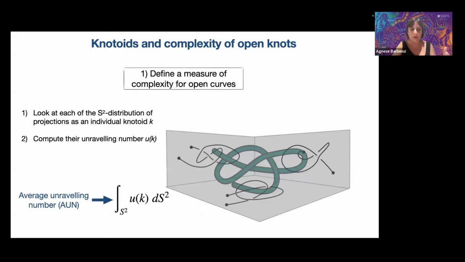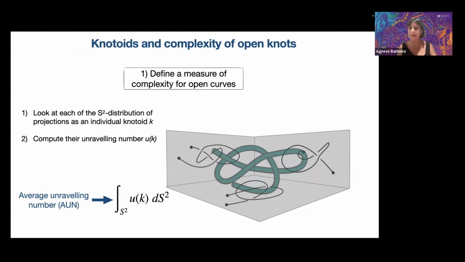Now, if we look at the S2 distribution of notoids for our initial open curve in space, and we analyze each planar projection in this S2 distribution as a notoid type, and we compute their raveling number, then we can look at the average raveling number, or the integral over S2 of all the raveling numbers obtained as projections of the initial curve, and this gives us a measure of topological complexity for the initial curve.